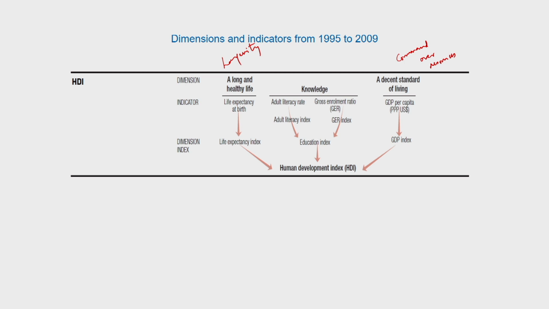One of the reasons for including gross enrollment ratio was the difficulties in availability of mean years of schooling data from different countries, because different countries have different school going age for different children, and therefore it led to some kind of a mismatch as far as the different countries are concerned. And B, there were also problems with regard to availability of data of mean years of schooling, and therefore the enrollment ratio was considered.